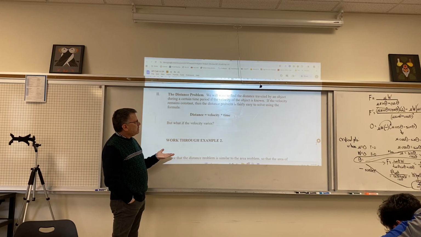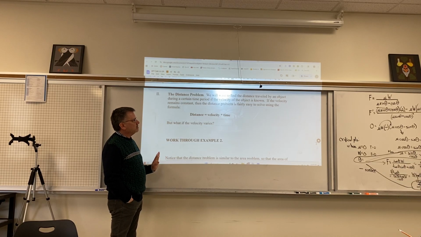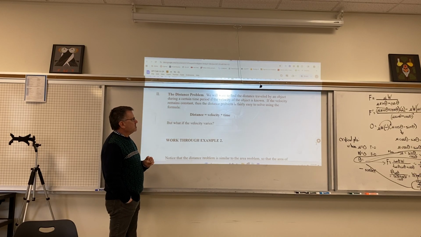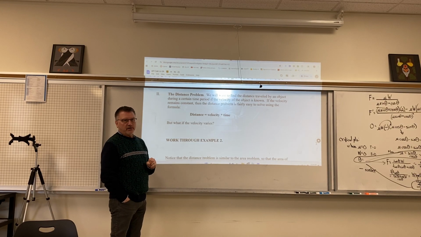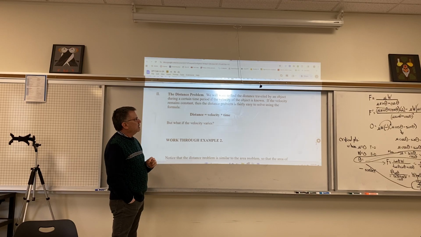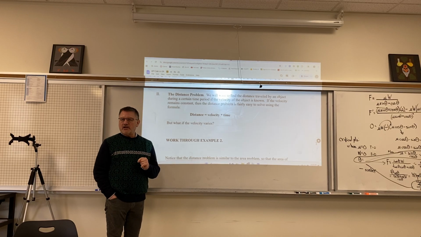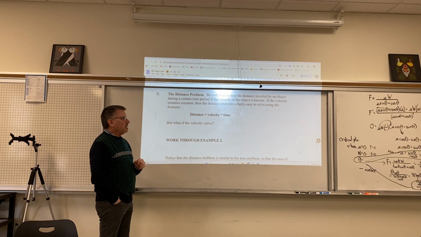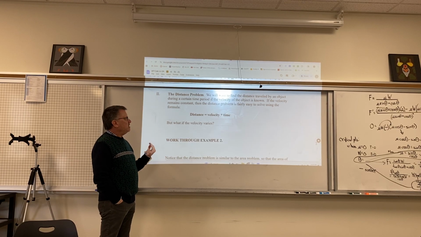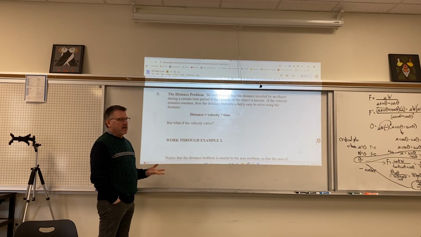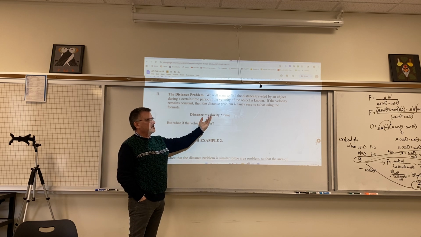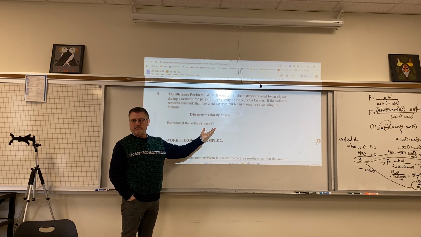We're going to look at another problem today that might be similar to this. We want to find the distance traveled by an object during a certain period of time if I know the velocity, if I know the speed of the object. If that speed or velocity remains the same, then the distance problem is pretty easy, because distance is velocity times time.